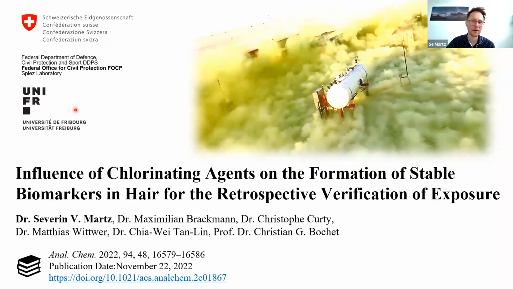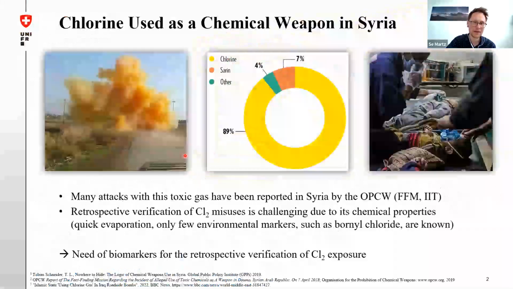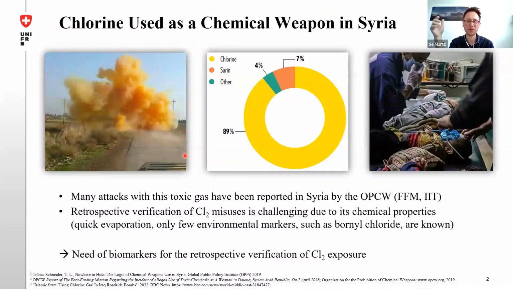So to start with, well, why is there a need for chlorine biomarkers? This whole work was actually initiated by the chlorine use in Syria, where chlorine has been used as a chemical weapon.